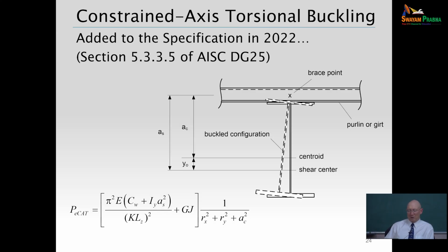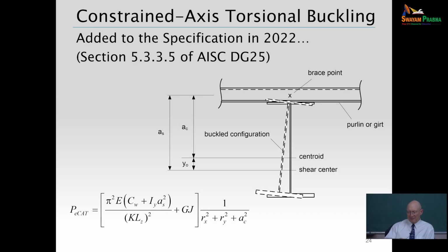So if you're looking at an axial compression strength, then you have locations where the purlin or girt is providing lateral bracing, but the other flange is not braced. Now the equations that are in section E4 look a little bit different. They apply only to a doubly symmetric section.